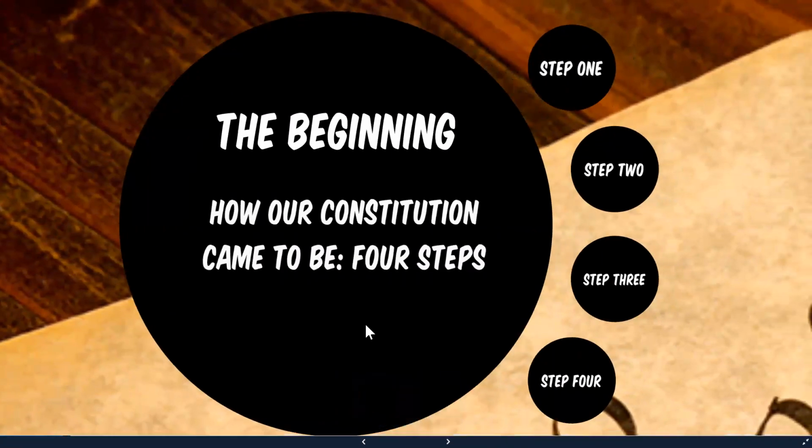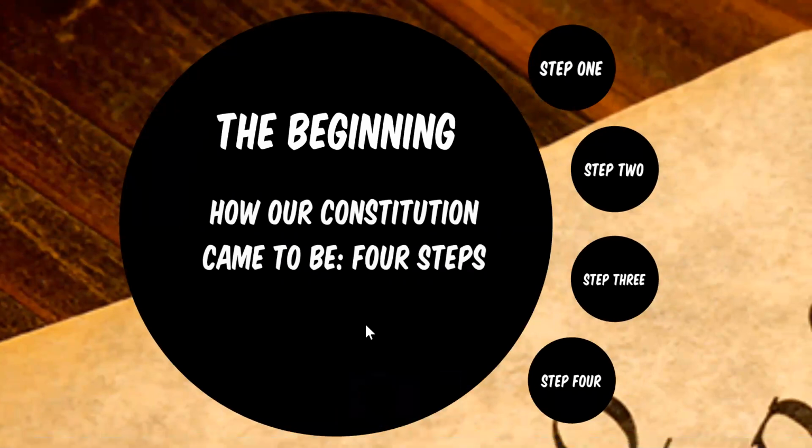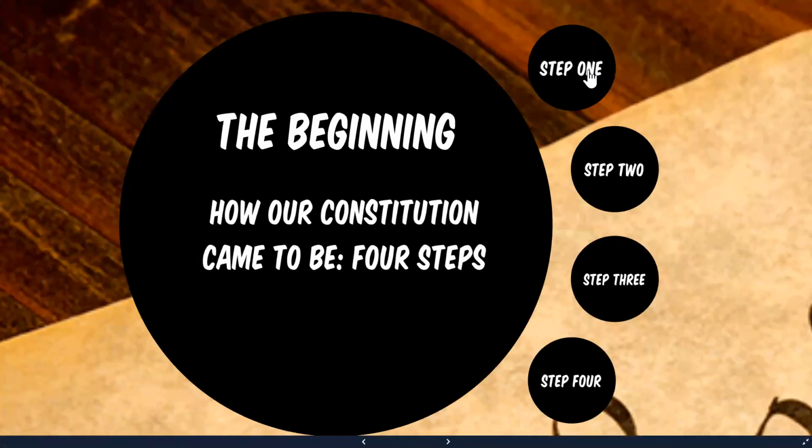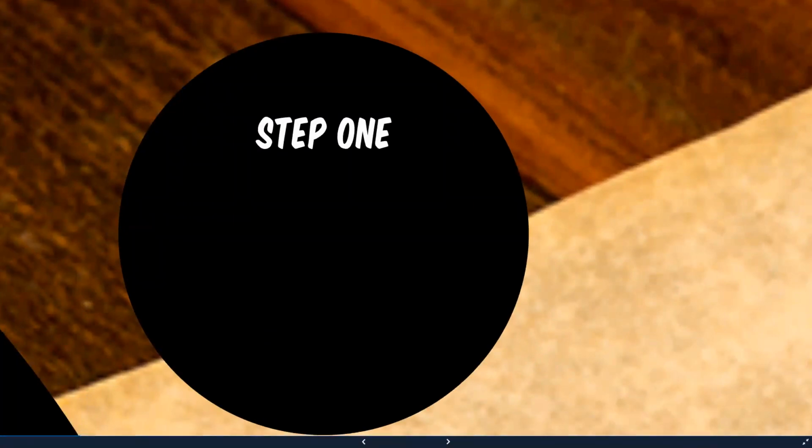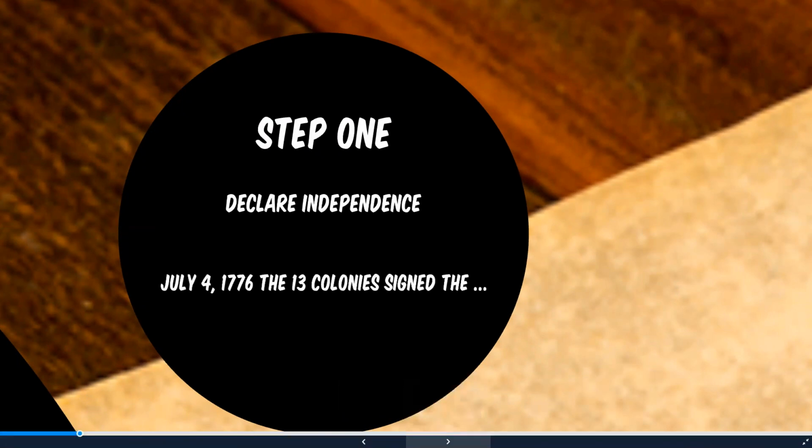And so we created the Constitution. How did we create this document called the Constitution? There are 4 steps that we went through to create the Constitution. So the first thing we did was we told England that we no longer want to be part of England.